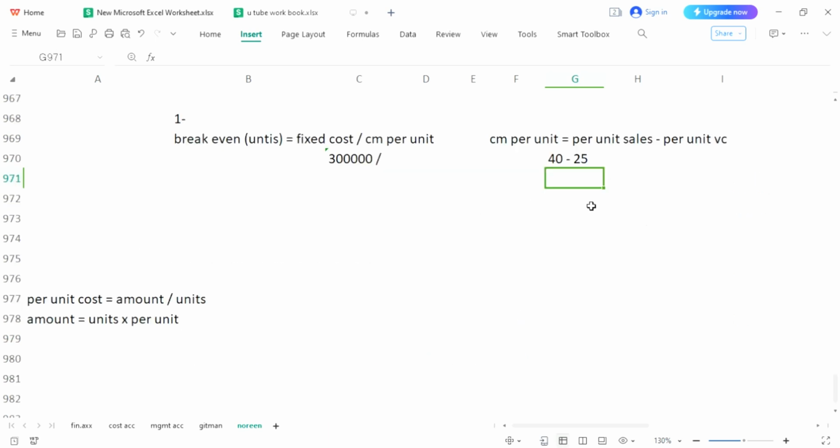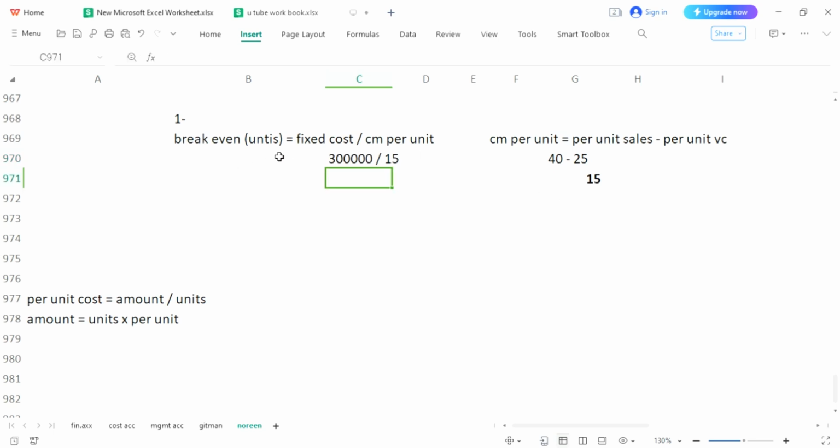Now you can calculate it: 40 minus 25. So 15 is the CM per unit we have calculated. Now put 15 over here, and our statement has been completed.